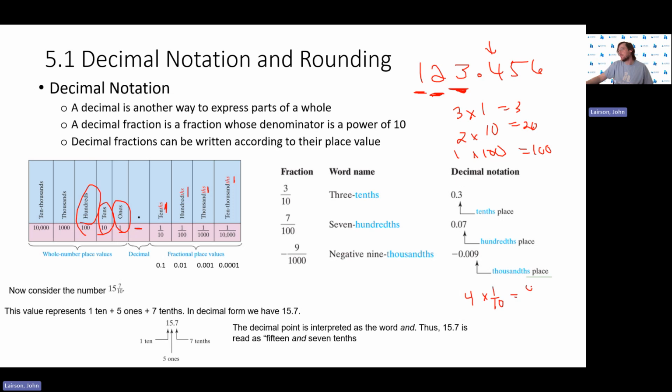So it's 4/10. For now, I'm not going to simplify these, to emphasize this. This is 4/10. 5 is the hundredths place, so it's 5 times 1/100, or 5/100. Again, I'm not simplifying. And it goes on in the same pattern: tenths, hundredths, thousandths, ten-thousandths, and so on.